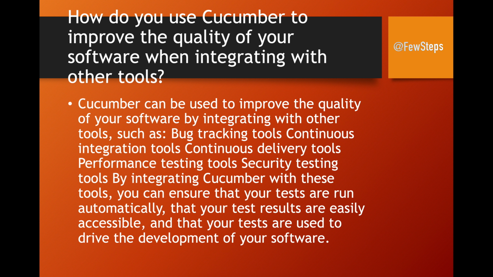By integrating Cucumber with these tools, you can ensure that your tests are run automatically, that your test results are easily accessible, and that your tests are used to drive the development of your software.